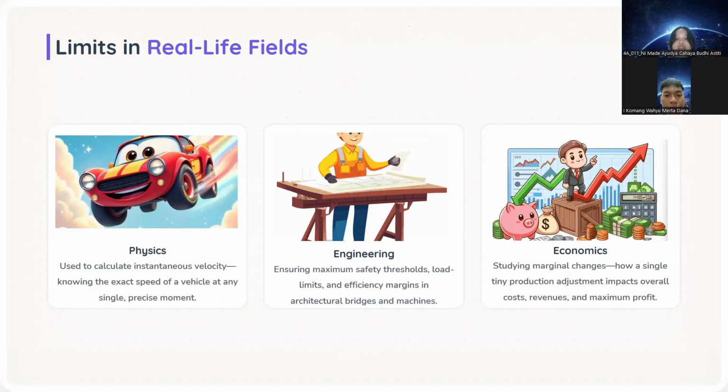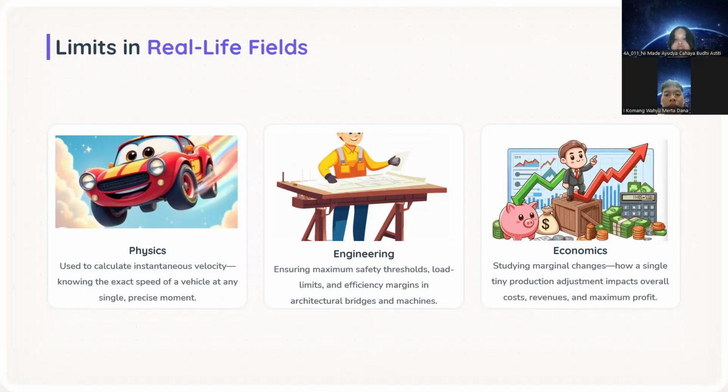The second application is in engineering. Engineers use limits when designing bridges, roads, buildings, and machines, because they need accurate calculations to ensure safety and efficiency. The third application is economics. Economists use limits to study how cost, profit, and revenue change.